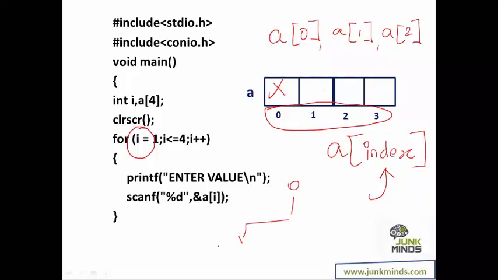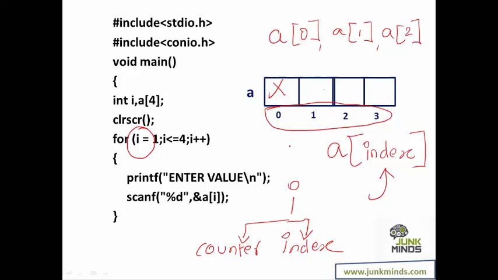One, it will act as a counter, ensuring that the statements get repeated the desired number of times. And second, it will also generate indexes for me. So in all our programs involving arrays, variable I is going to do 2 things. What are the 2 things? One, it is going to control the number of times the statements are going to be repeated. And second, it is also going to generate indexes for me.